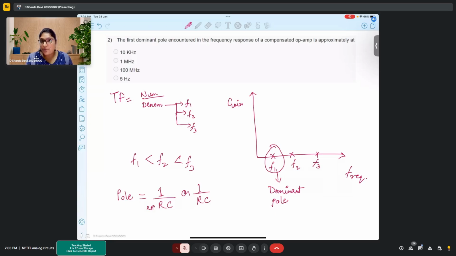At any particular node in your circuit, if you want to find the pole at that node, you can calculate the effective resistance and effective capacitance at that node, and simply write 1 upon RC or 1 upon 2 pi RC. You will get the value of that frequency, and that particular frequency is your pole frequency. Clear?